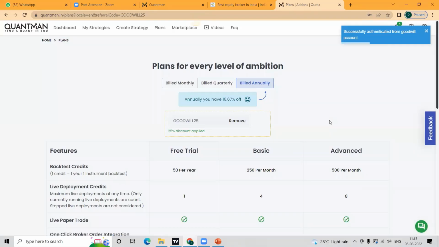So we already get into the QuantMan platform. No need to sign up for an API key or anything like that. You just log in with your credentials, and that will be more than enough to log in.